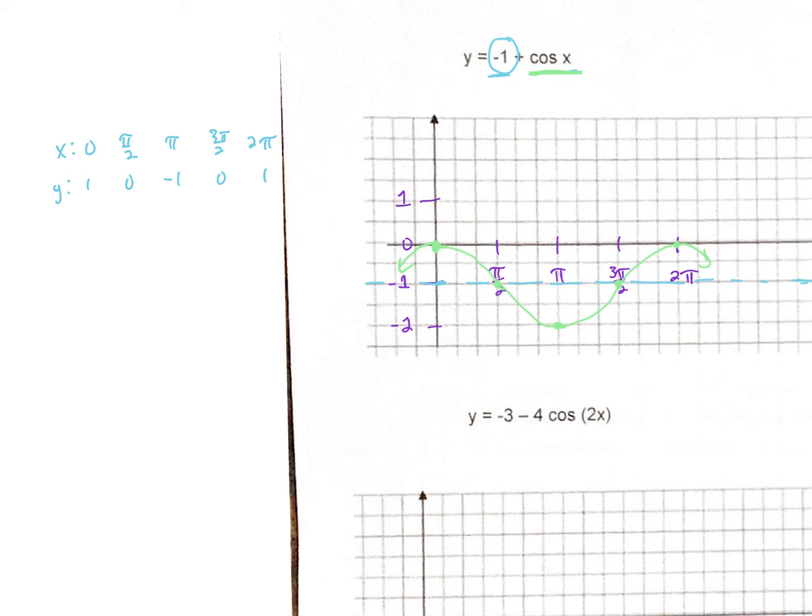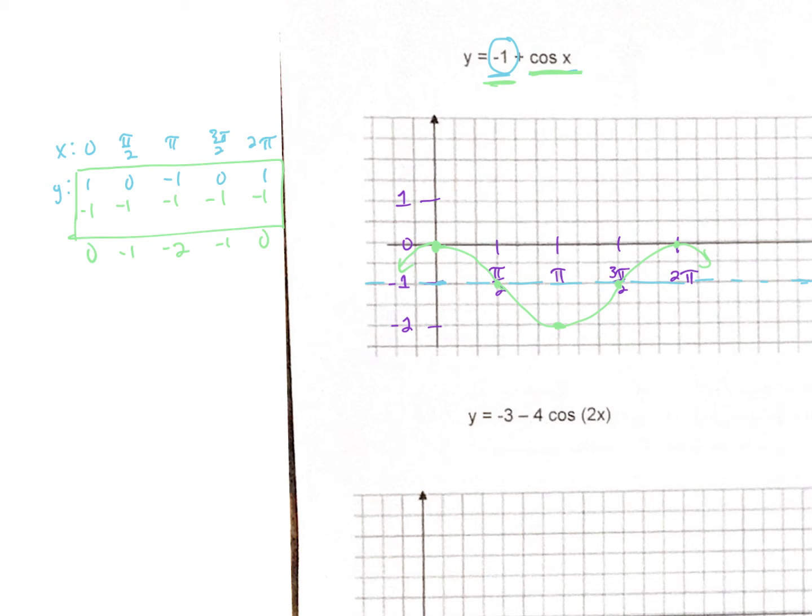Some people have just memorized that cosine is 1, 0, -1, 0, 1. Now, this shift, this subtraction of 1 or shifting down 1, just tells us that we take these y values and subtract 1 from each of these, and that gives us our new y values that we will graph.